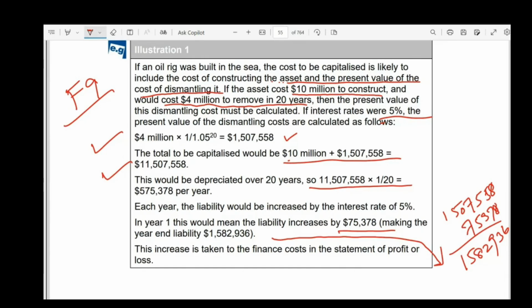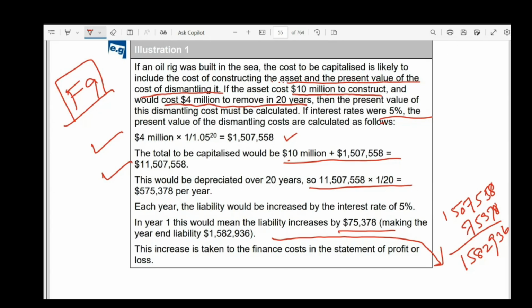So how will that be calculated? They said you apply the interest rate formula at 5% to get the present value for dismantling the asset. This is purely an F9 question. If you have done F9, you will find it much easier, but if it's for your next attempt, no problem, it's an easy formula.